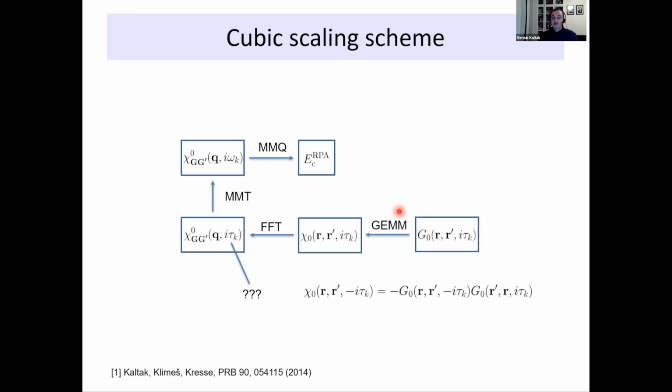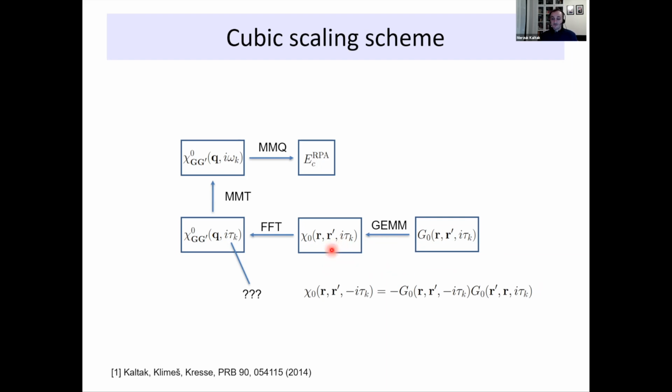So in the low scaling RPA approach, we start with the Green's function in real space and imaginary time. Also to build the polarizability in the same domain using this equation, the dominating step. Usually we set up this function in reciprocal space, but this is not important now. Important is that this is actually relatively easily done.